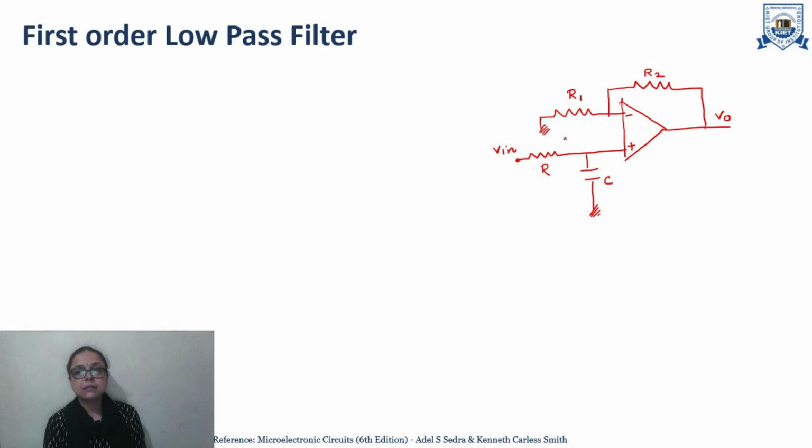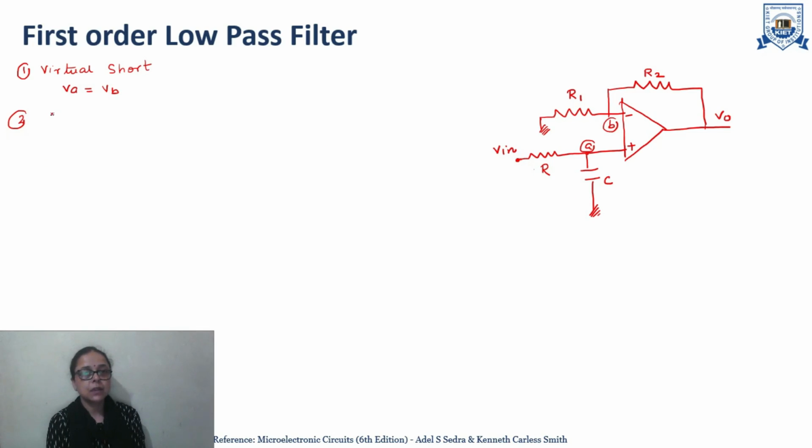So this is the circuit diagram for the first order low pass filter. Now, to analyze this circuit, what is the first step? We will apply the concept of virtual short because it has negative feedback. So virtual short will be applied, meaning if this is node A and this is node B, then VA voltage will be equal to VB voltage. To find the VA voltage, in this loop we will apply the voltage divider rule.